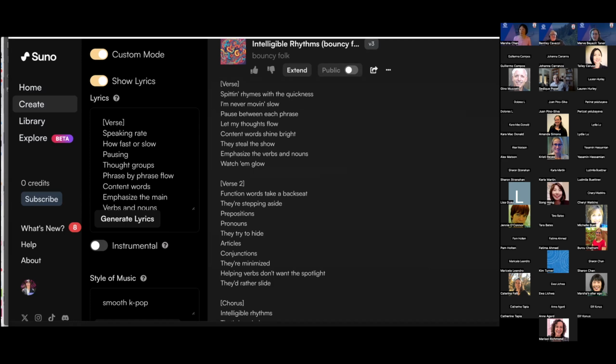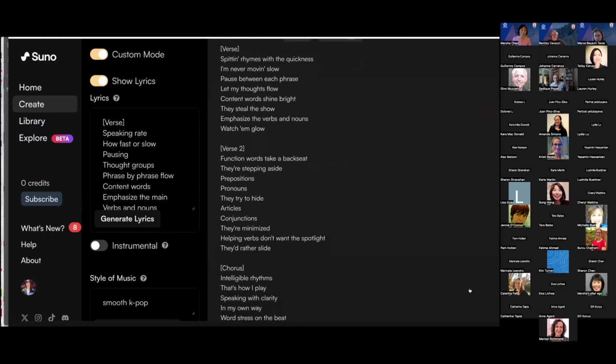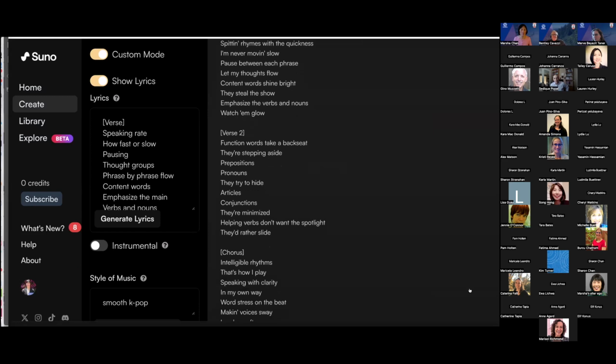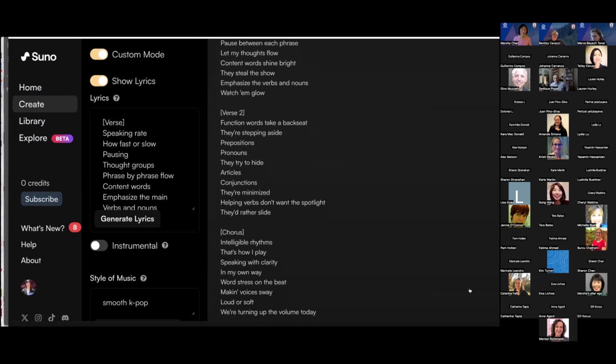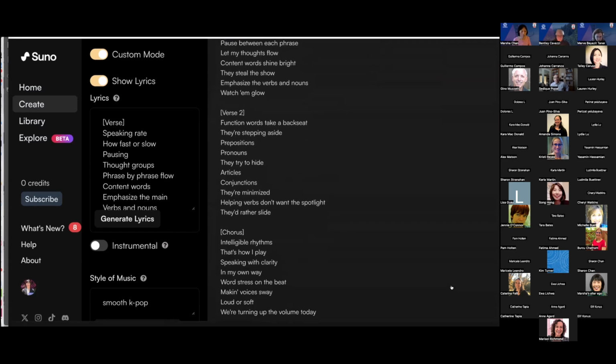Content words, words such as main verbs and nouns, are generally emphasized. Some are much more grounded than others in order to highlight contrast or new information. Function words, de-emphasize, reduce. Examples include prepositions, articles, conjunctions, helping verbs. Word stress, which syllable is stressed? Stressed syllable is longer in length, higher in pitch, louder in volume.